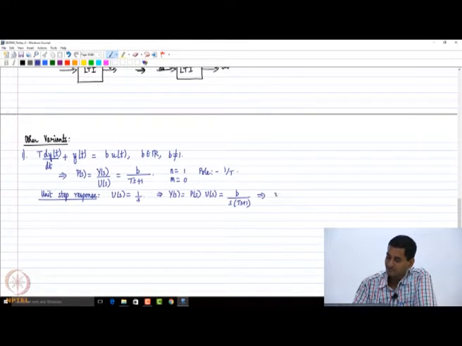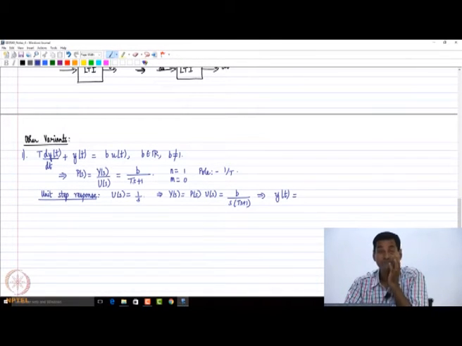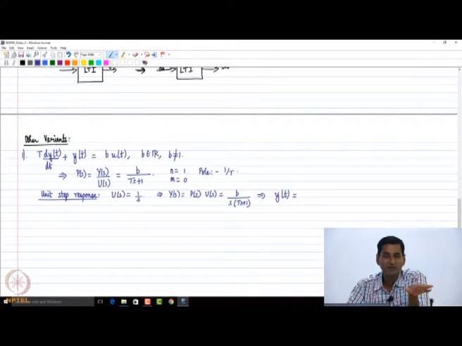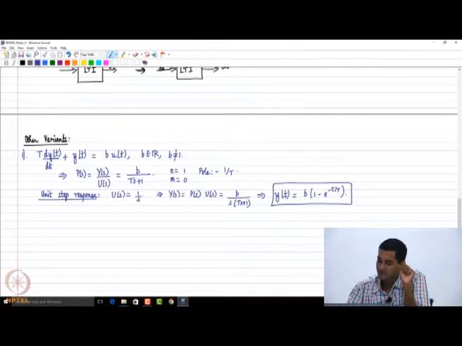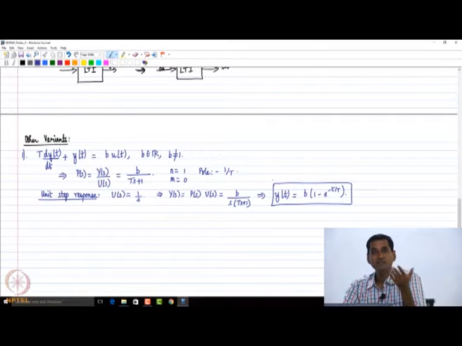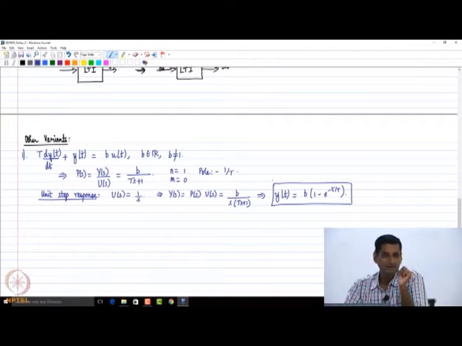So what will be y of t? We already know the answer for 1 divided by s times (Ts plus 1). So y of t is just b multiplied by (1 minus e power minus t by capital T). The only difference is that the steady state output is now b rather than 1. That is the change which comes.